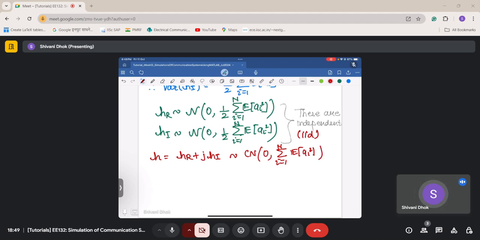We will see in the subsequent questions that the magnitude of this, which is the square root of H_R square plus H_I square, is Rayleigh distributed.